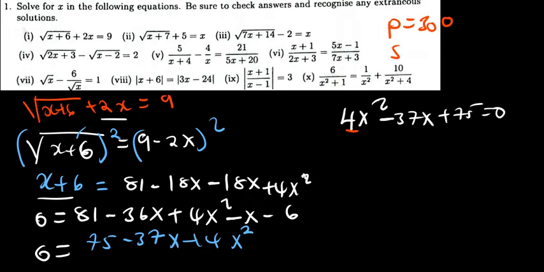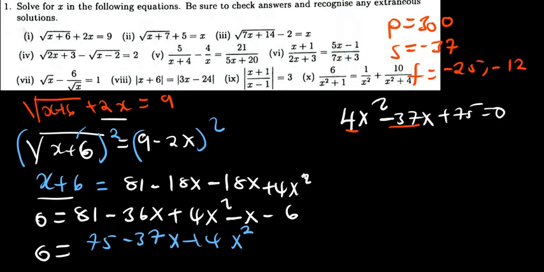My sum is negative 37. So what will be my factors? Two numbers which when I multiply give me 300, and when I add give me negative 37. Those numbers are negative 25 and negative 12. Negative 25 minus 12 is negative 37, and negative 25 times negative 12 is positive 300.